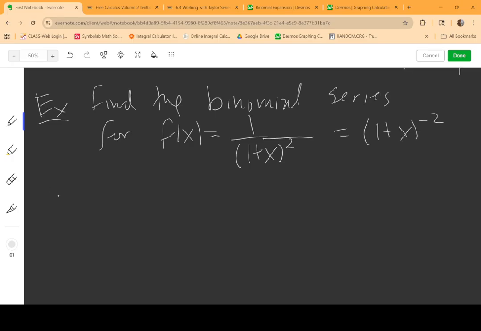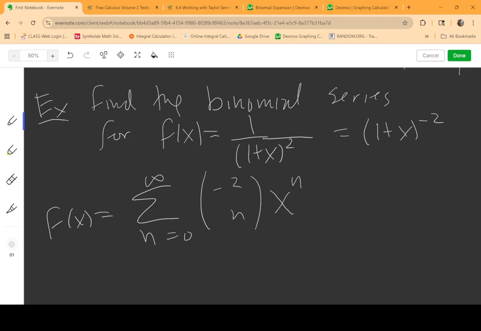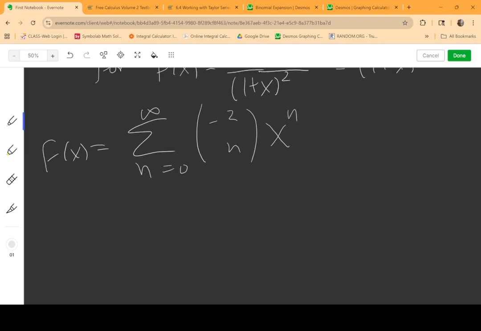So my series for f of x is the sum, n equals 0 to infinity, of negative 2 choose n, x to the n. And here, writing out a few terms, we can probably simplify this a little bit.